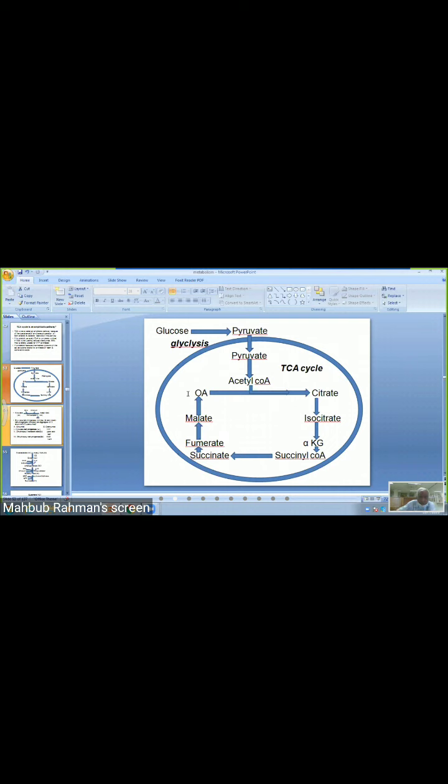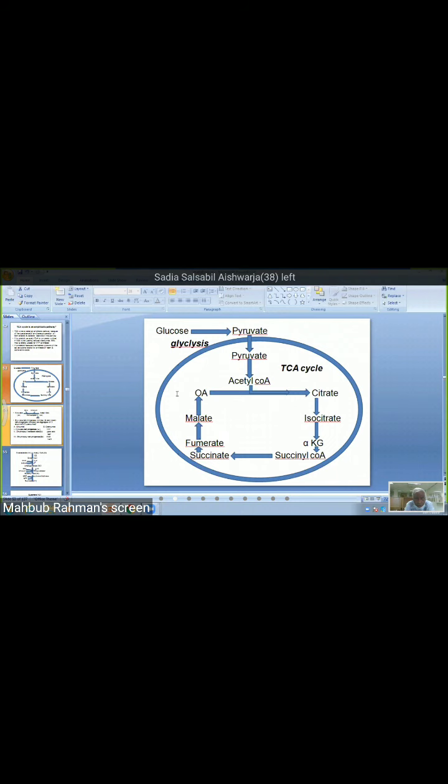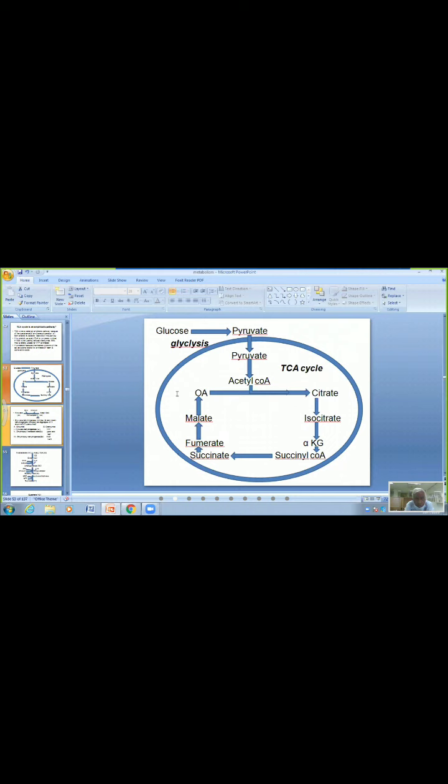Is it clear? In the upper view, glucose is converted to pyruvate. This is termed glycolysis. Oxidation of glucose to pyruvate can be termed as glycolysis. The product of glycolysis is pyruvate or lactate.